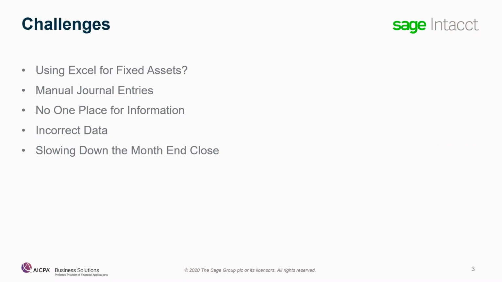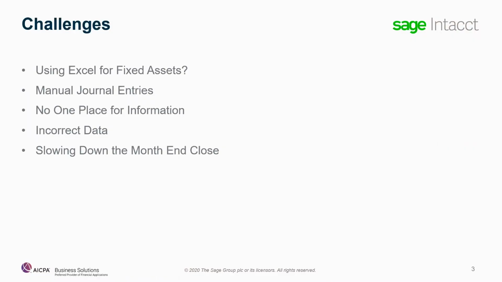Excel listings for fixed assets do not provide you with support for the information on that spreadsheet. So attachments or being able to see the original source documents for those assets is not part of what you have with that Excel spreadsheet.